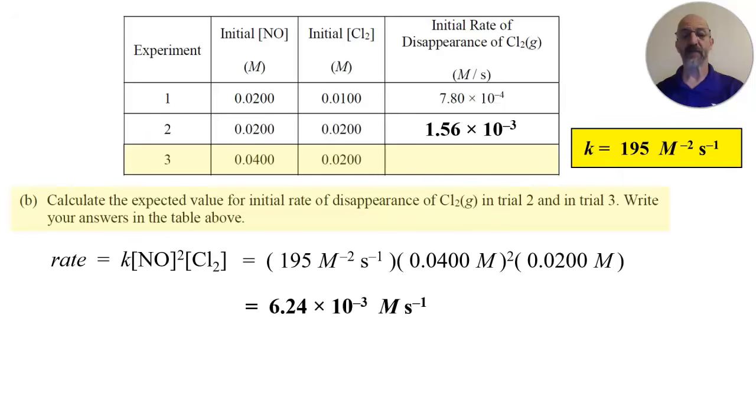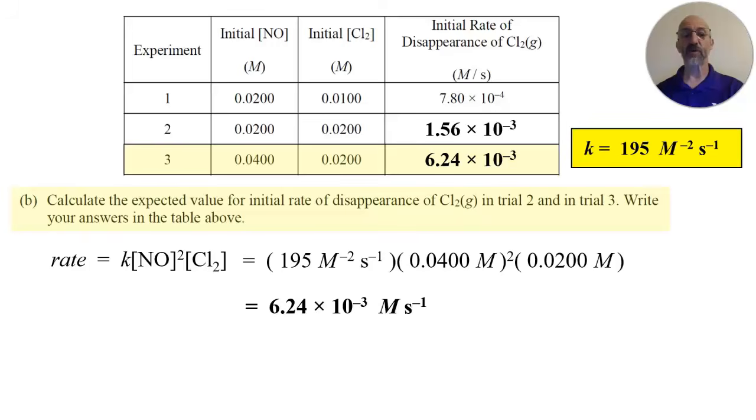And when I did that math, I got 6.24 times 10 to the negative 3, and my units again are molarity per second. So what I did was I used the rate constant and the initial concentrations of the reactants, and I plugged in all of those values into the rate law that I was given. All right, well, those are the answers to parts A and B of this question.